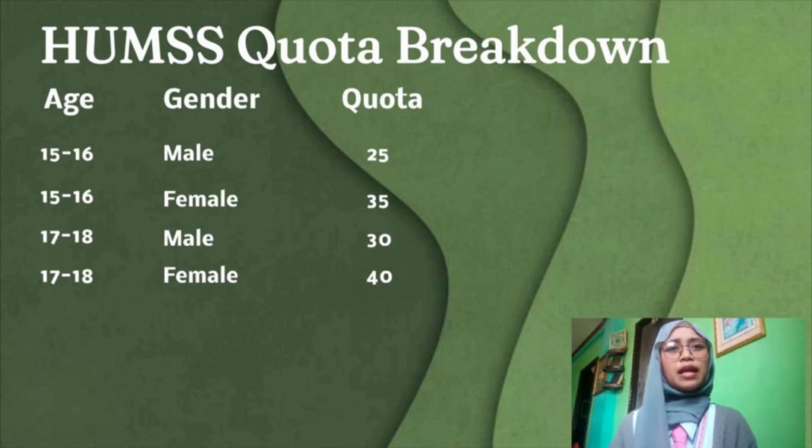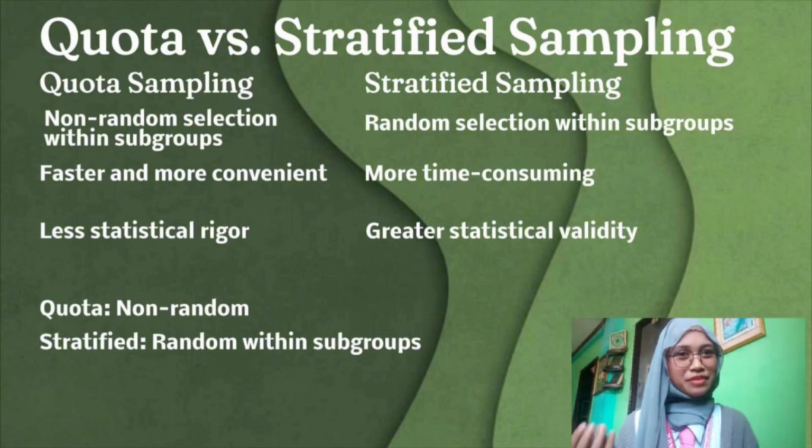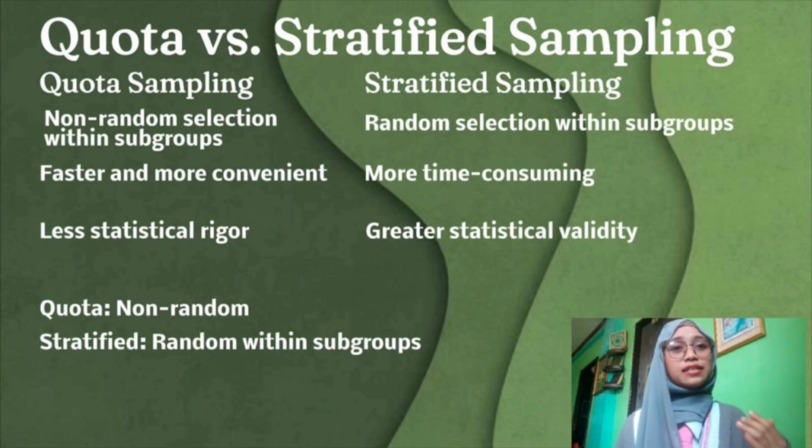But maybe some of you are wondering, how does quota sampling differ from stratified sampling? Well, both methods involve dividing the population into subgroups based on specific characteristics. In addition, both aim to create a sample that is representative of the population.